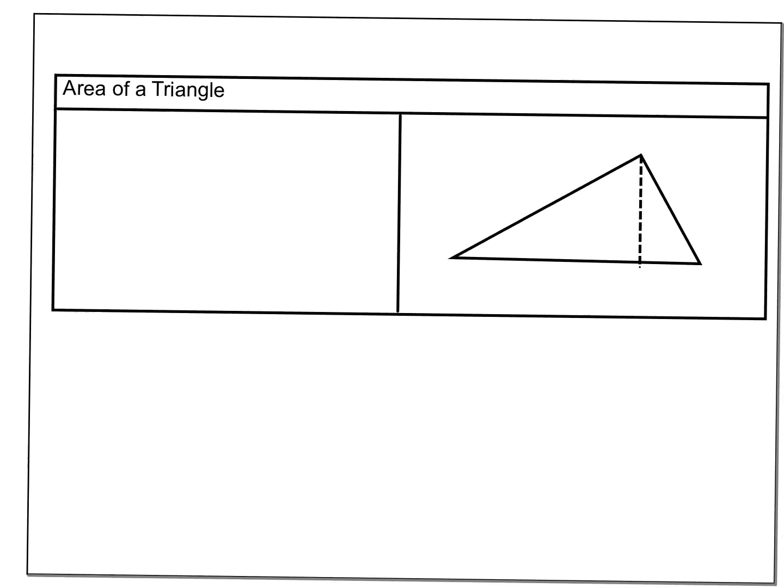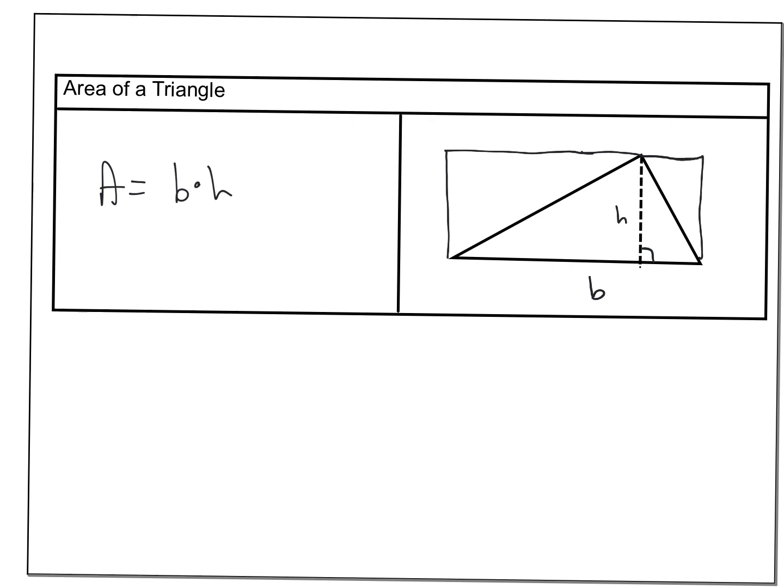What is the biggest difference between the area of a parallelogram and the area of a triangle? It is still the same kind of idea. I have my height and a base, and if I take base times height, that would be the equivalent of finding the area of a parallelogram like that.